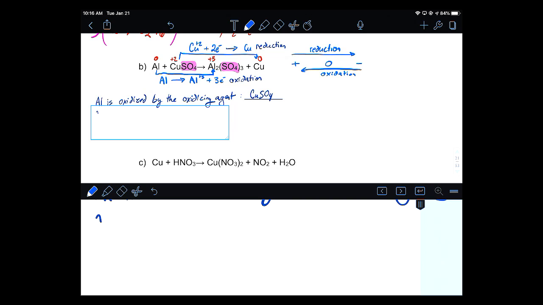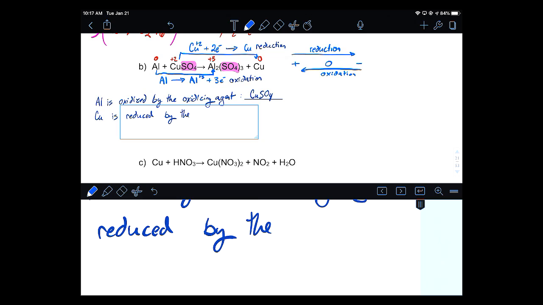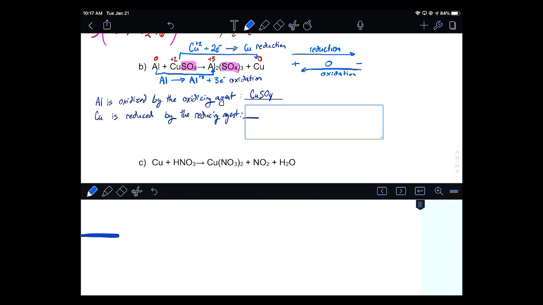By the same sort of turn of phrase, we could say that the copper is reduced by the reducing agent. And in this case, the reducing agent is just plain old aluminum.